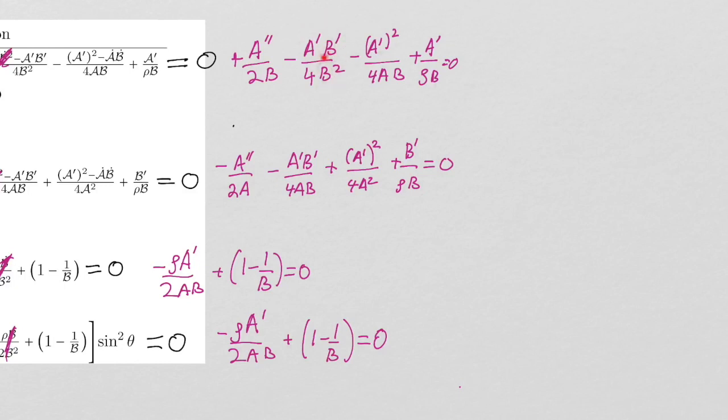This one here, dividing by A, will be A prime B prime over AB squared. If I divide this one by B, it'll be A prime B prime over AB squared.